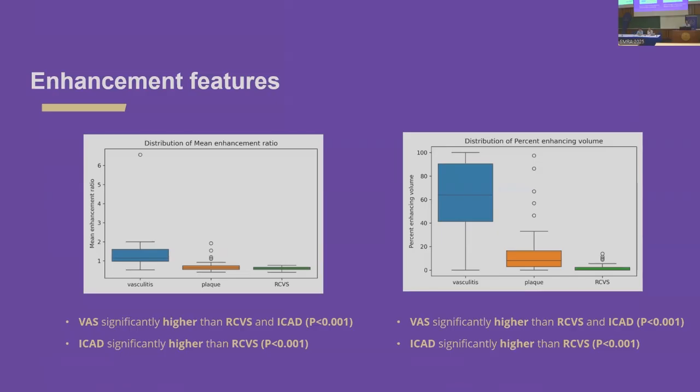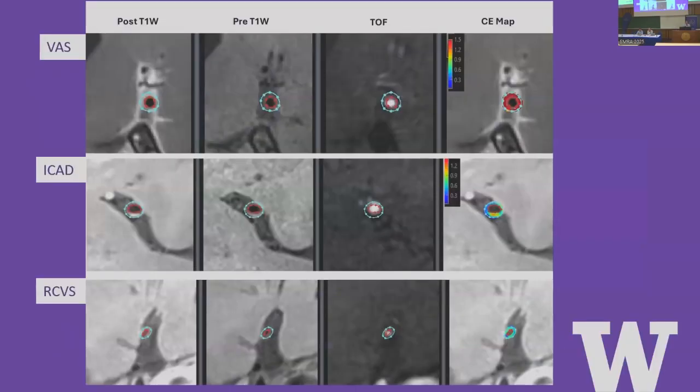In addition, atherosclerosis was significantly higher than RCVS. To show you how the imaging looks on the CE map segmentation component, here's the vasculitis lesion. You can see that it's homogeneously, intensely enhancing, the highest degree on this scale. Atherosclerosis is much more heterogeneous and somewhat intermediate, with variable areas of enhancement. And then RCVS is really low on that scale.